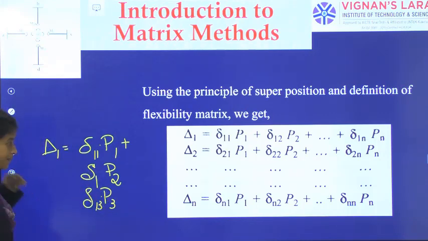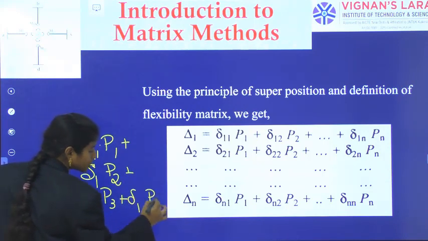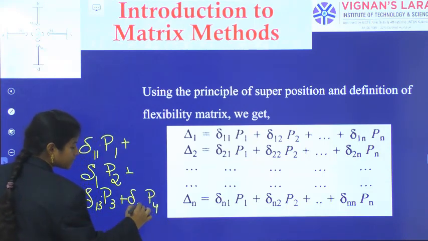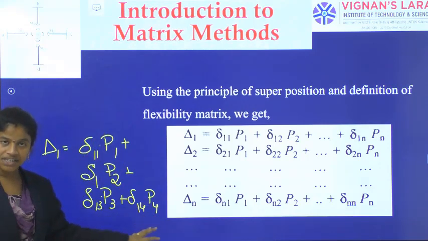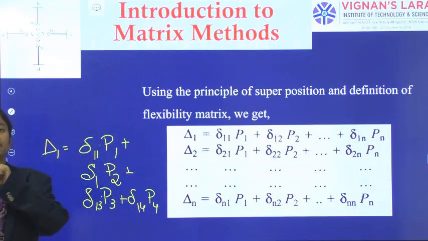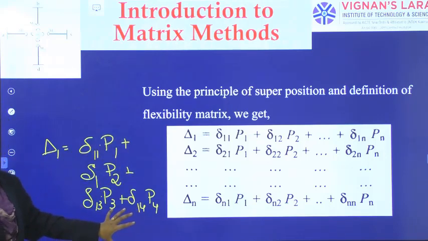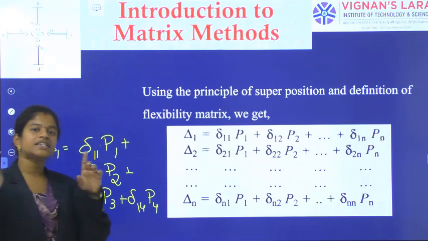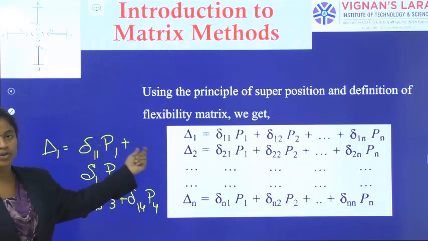Similarly, displacement at 1 due to the force application at the fourth coordinate. In summation, the overall displacement at 1 is delta 1, with all the forces acting at a time. So the overall displacement at that particular coordinate is delta 1.